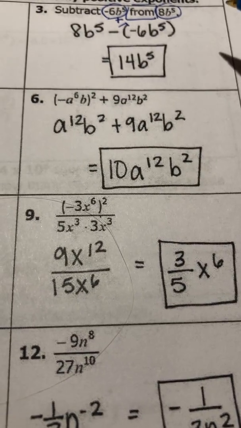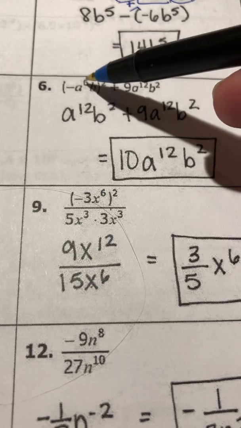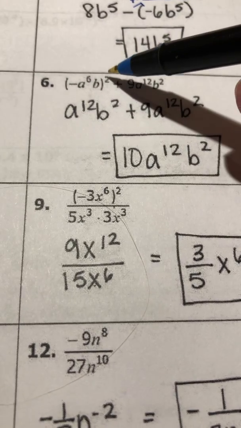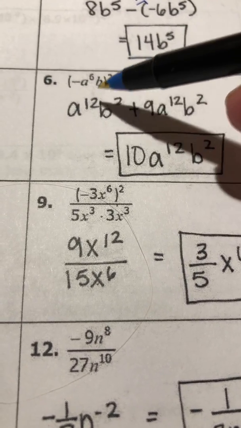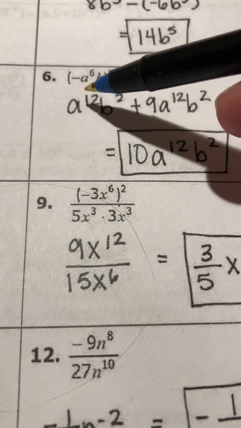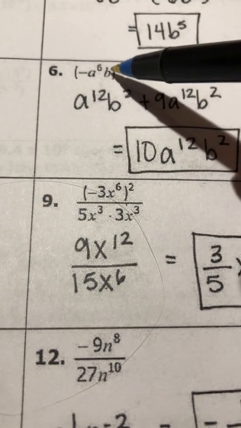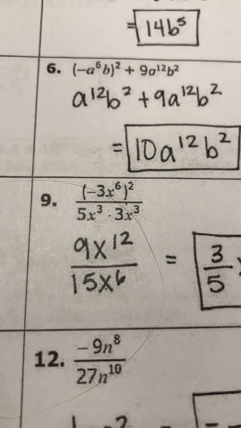So they're getting a little more complicated as we go. Now over here I have a -a to the 6th power raised to a power of 2. 6 times 2 is 12. It's an even number exponent, so I'm going to get rid of that negative sign. And then I have b to the 1st power raised, so it's going to be to the 2nd.